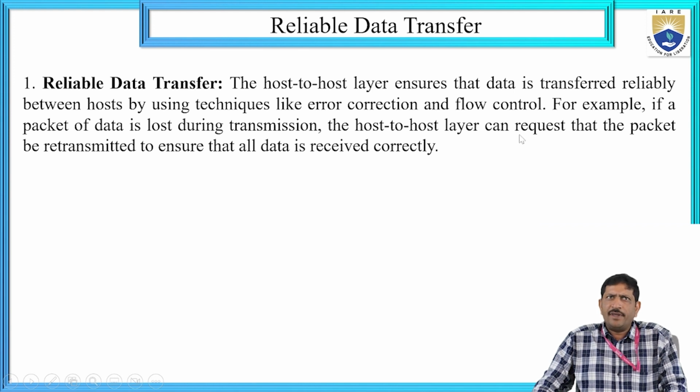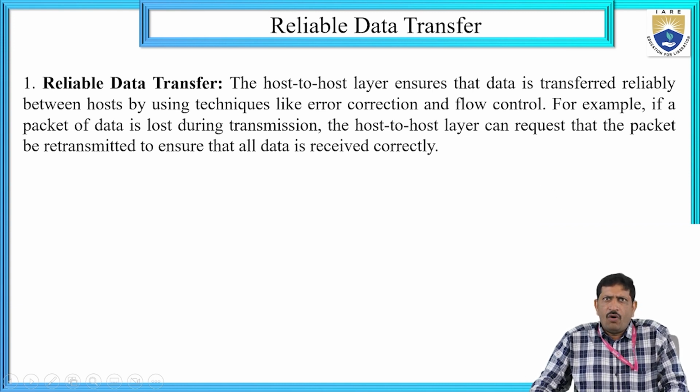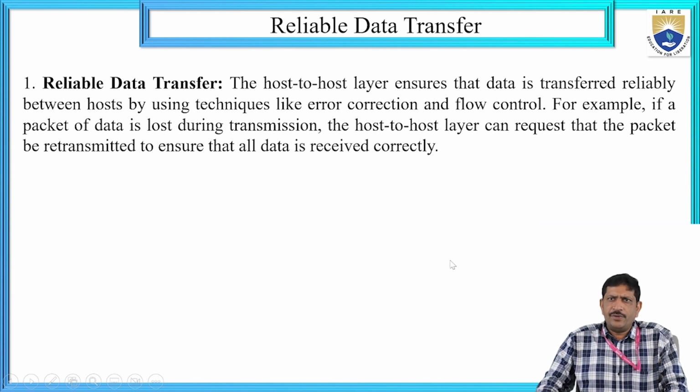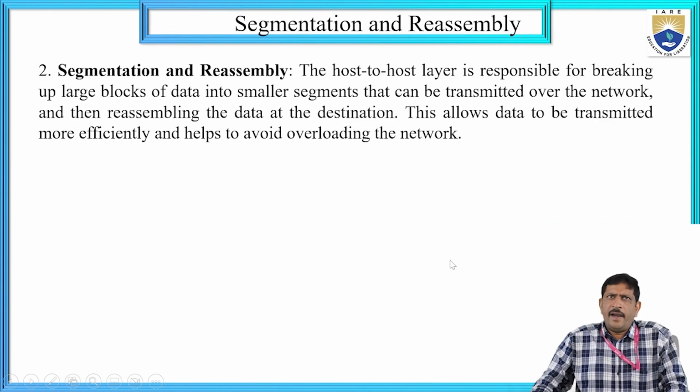For example, if a packet of data is lost during the transmission, the host to host layer can request that packet to be retransmitted to ensure that all the data is received correctly.